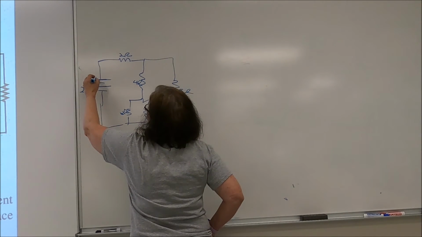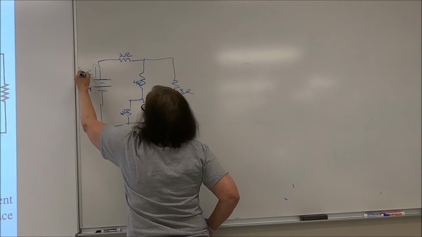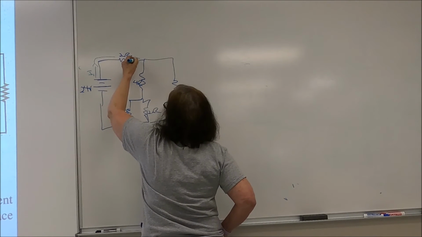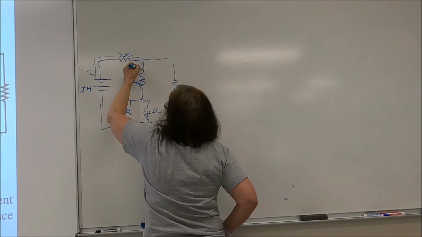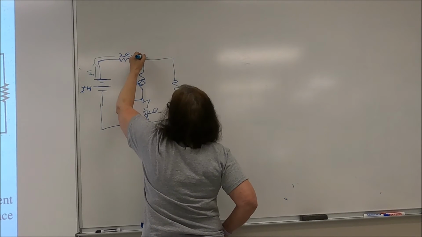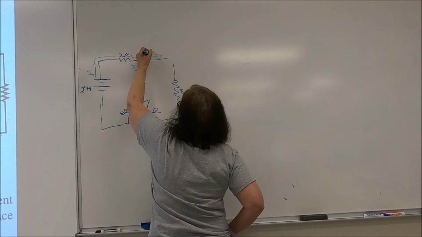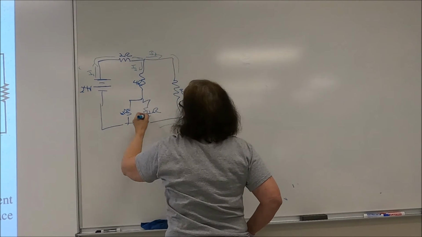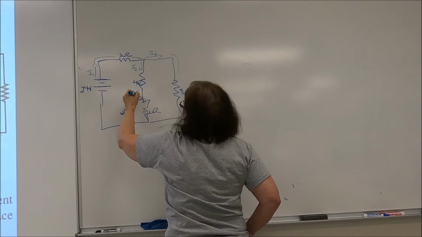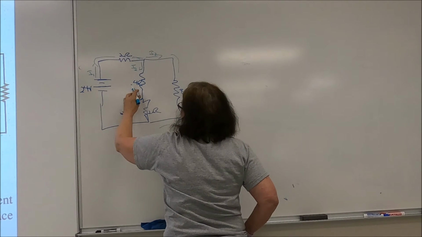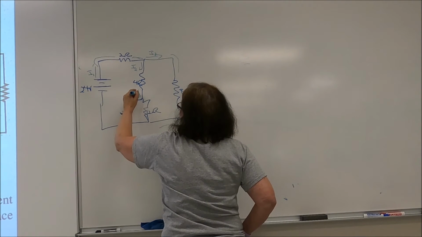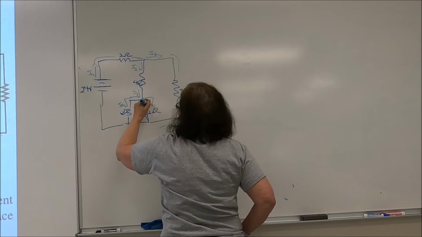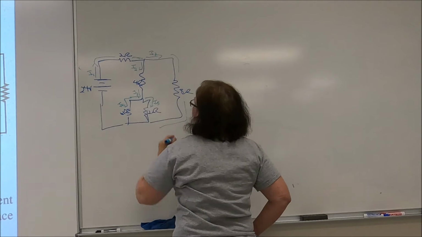So if I have loop 1, I call this I1, it comes into here. At this point, it splits into an I2 and an I3. Here, at this point, I have I2 coming into here. I'm going to have an I4 here and an I5 here.